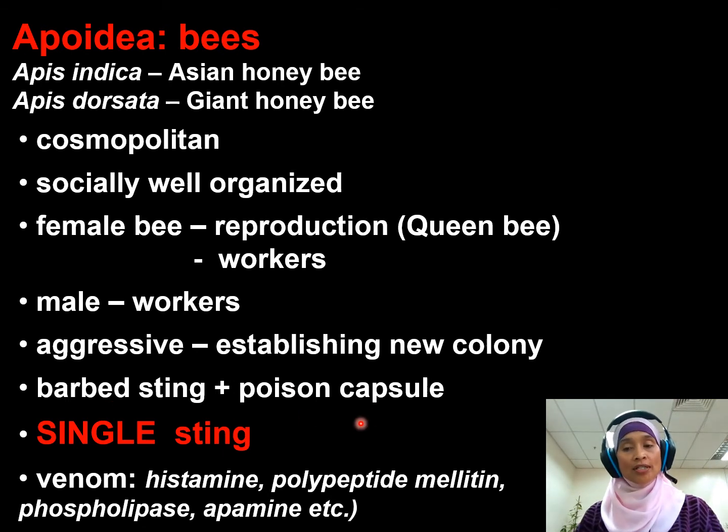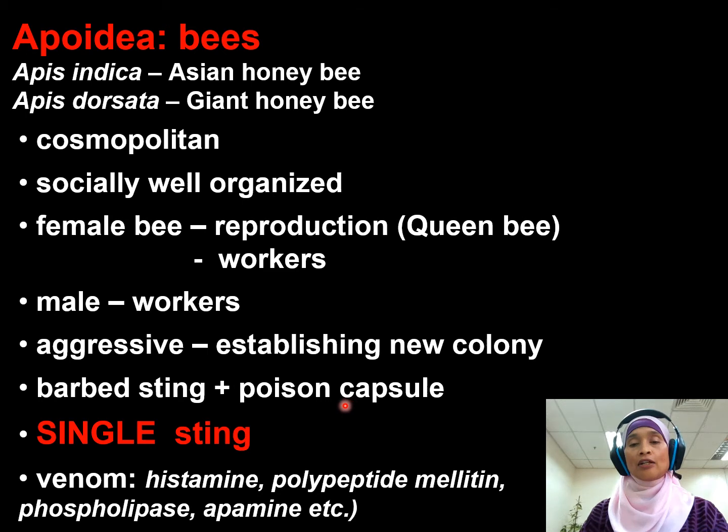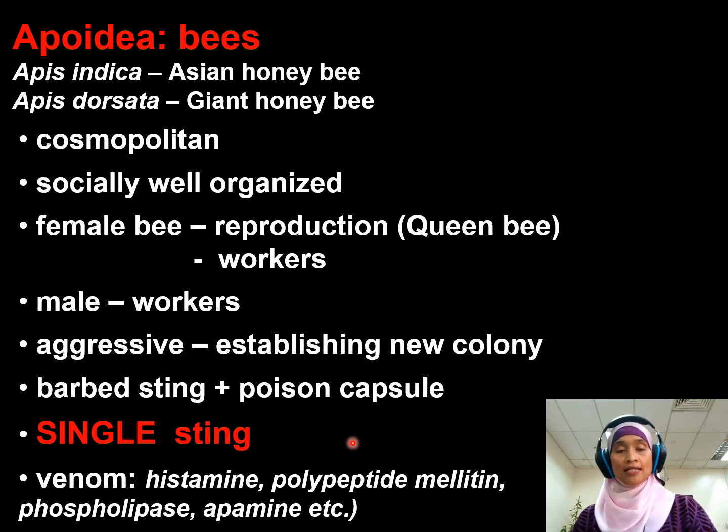There is a poison capsule, or toxin, at the end of the sting. The bee is interesting in that it only stings once. When the bee stings the victim, the bee will die. Unlike the ant, which will sting multiple times, the bee will only sting once.